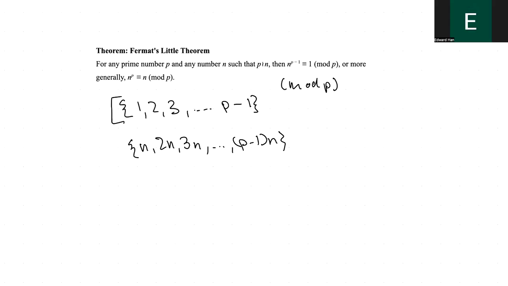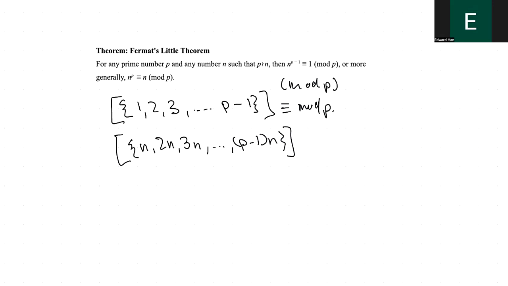I mean, there's a one-to-one mapping at least, and we can show that they're equal. And so these two sets are congruent mod p.